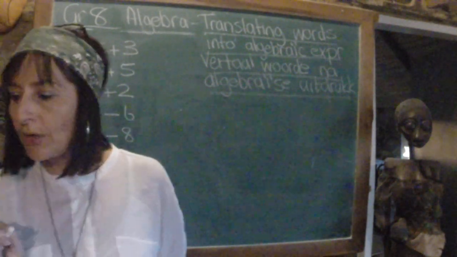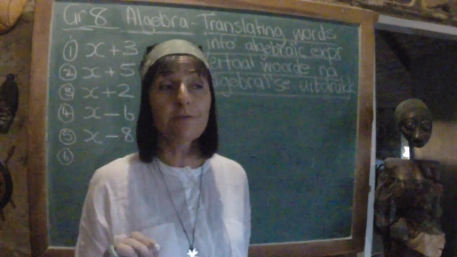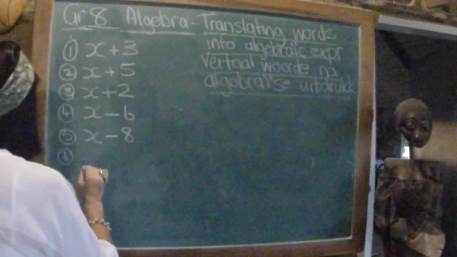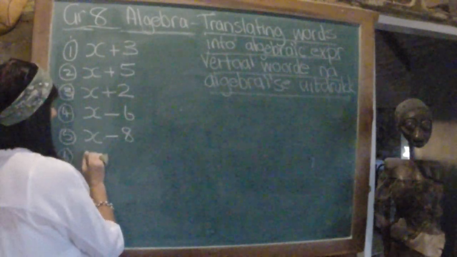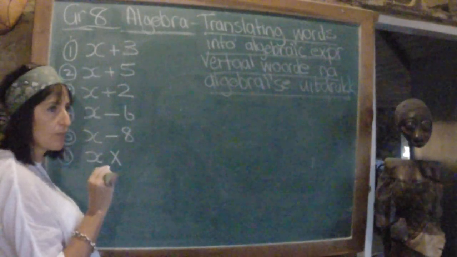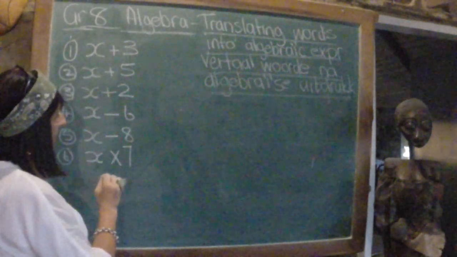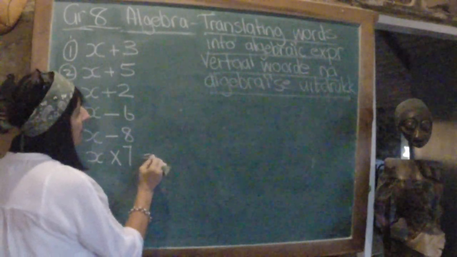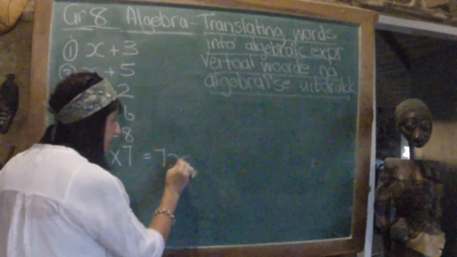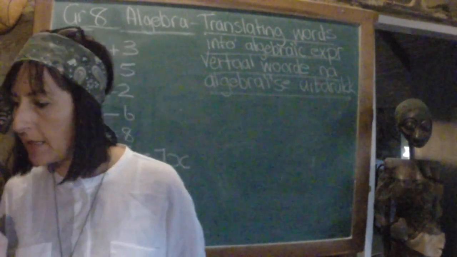The product of a certain number and 7. Die produk van 'n sekere getal en 7. So, a certain number, product is multiplication, product is vermenigvuldiging, and by 7, and that you can rewrite as 7x. We can simplify that.